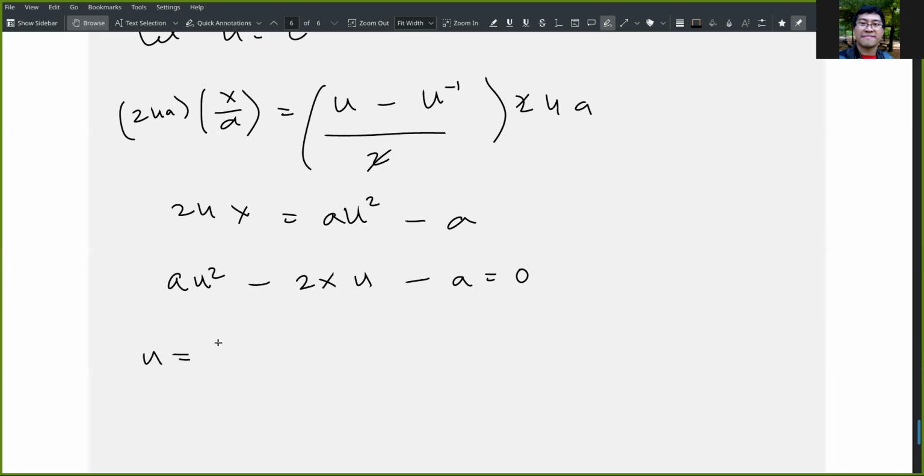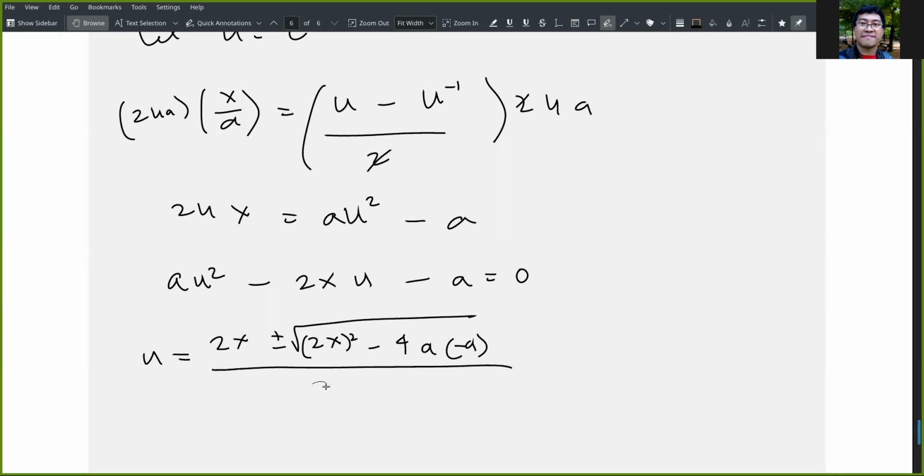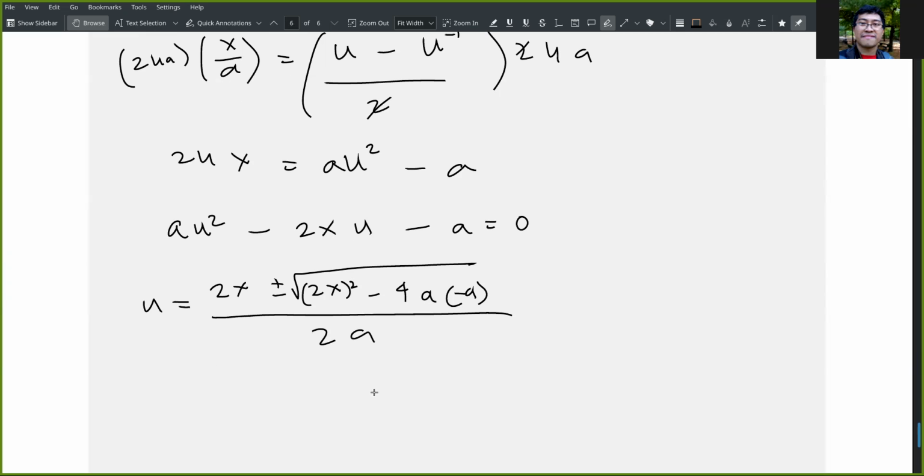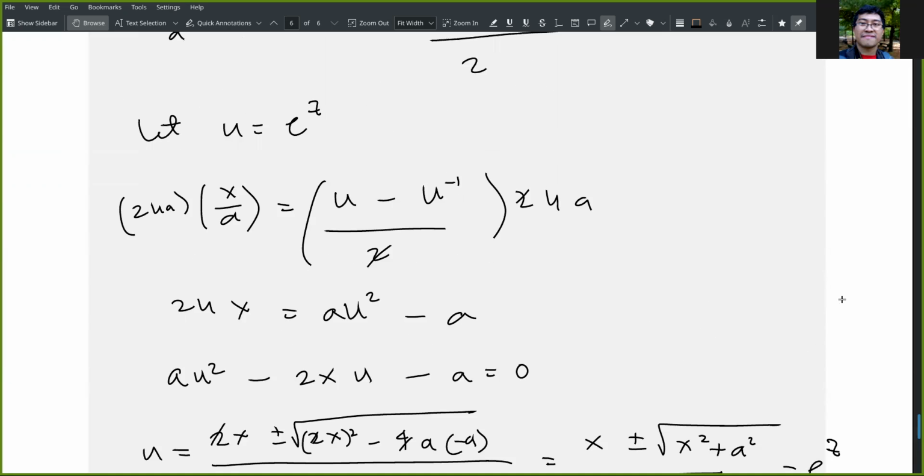U is negative of negative 2x plus minus square root of 2x squared minus 4ac, all over 2a. Okay, so the 2's actually cancel. There's 2 here, there's 2 squared here, and there's 4. They cancel out. So you have x plus minus square root of x squared plus a squared over a. And this is equal to e to the z right here.